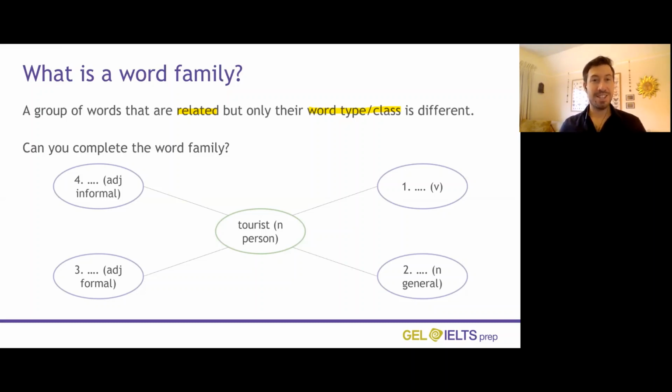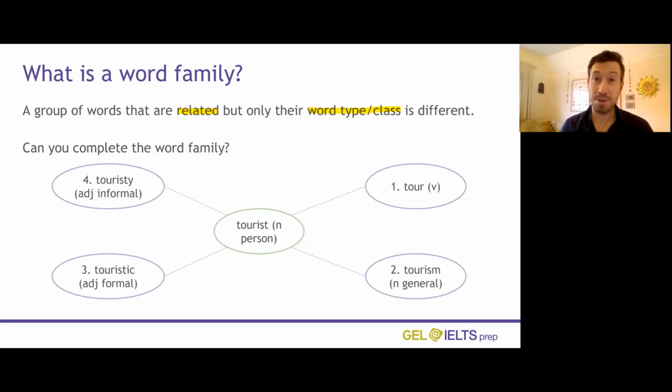Okay, let's have a look now together. So here is the completed word family. We see tourist is a noun for the person. We can change it to a verb, which is tour. Then the general noun is tourism.